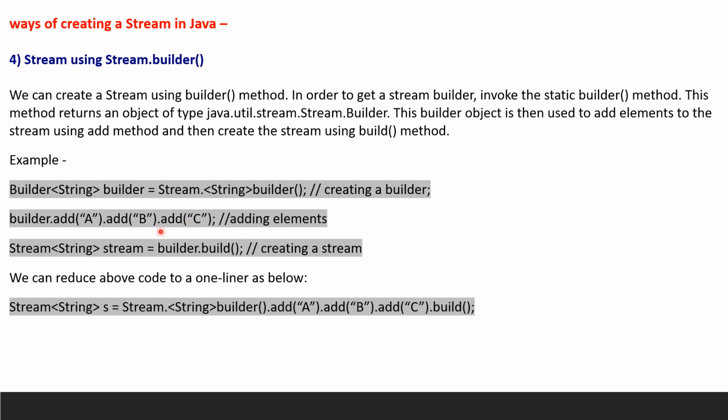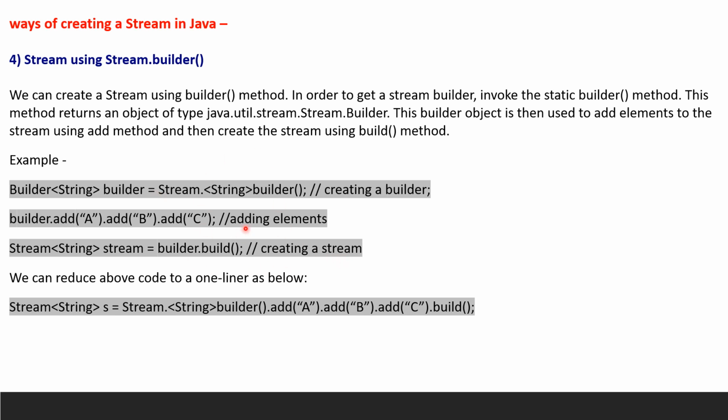First we need to create a builder, then only can we add the elements using that particular builder. So first we create a builder, add elements to it, and then create a stream. Stream of String, the same data type, stream equals builder dot build. So we have created a stream.